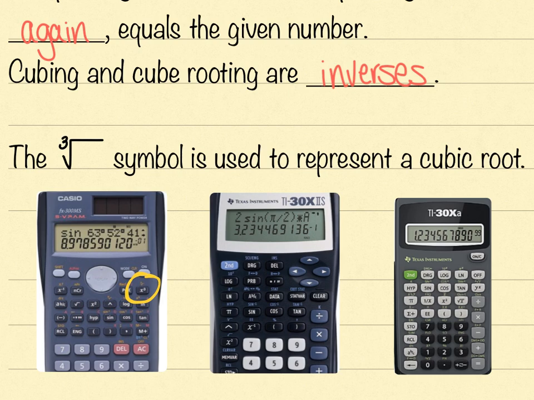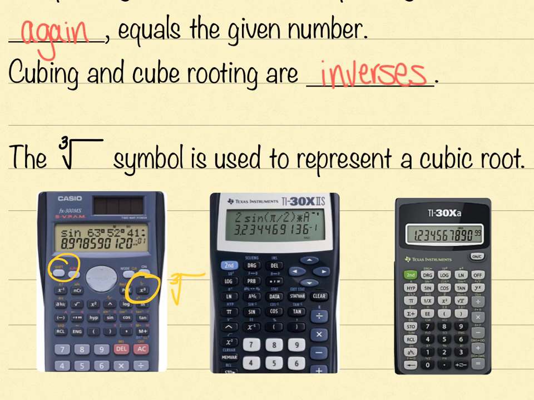If I just type 4 and hit cubed, it'll give me that answer. But right above that in gold, you can see the option for the cube root. So you're going to hit shift, then that button, then type whatever number you want to do the cube root of.